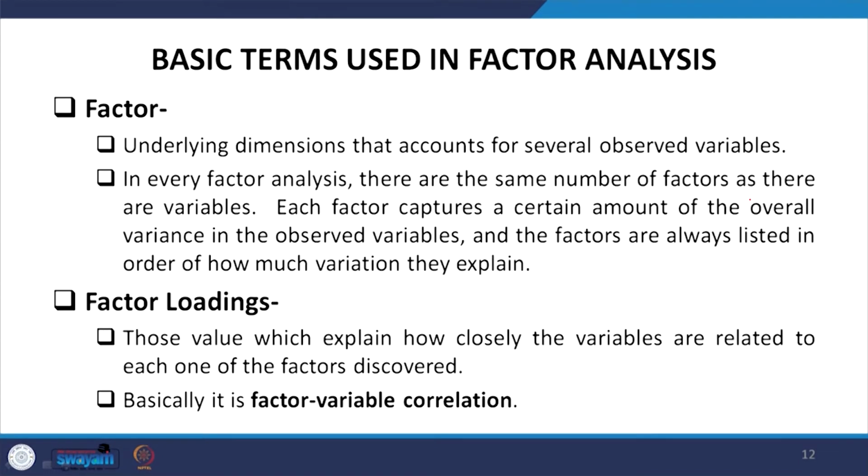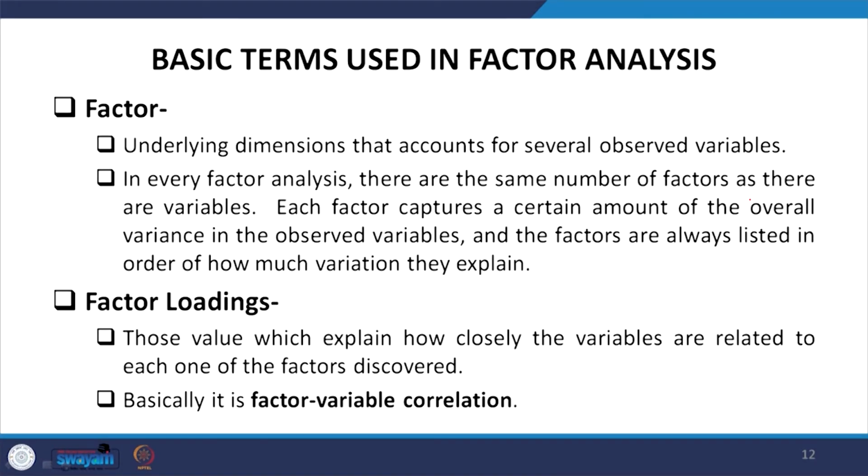One is factor loadings, then communality, we will also discuss eigenvalues, the scree plot, then rotated matrix, and factor score as well. Okay. And also rotation, there are some thumb rules of rotation, but we will not be emphasizing much on it, but at this moment let me start how we should proceed.